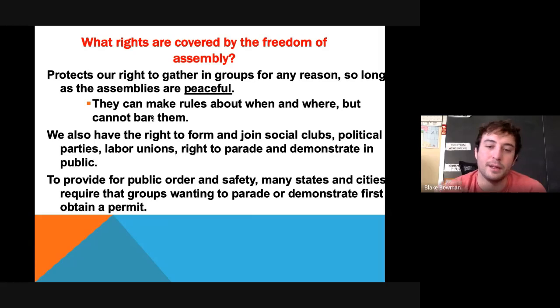Radio broadcasting, newspapers, magazines, social media, you name it. Okay. And again, that is the right of freedom of assembly. Again, peacefully. Okay. And you need a permit in order to try to express your views and have that assembly gathered. But it can be about anything as long as you have a permit and you're doing it peacefully.